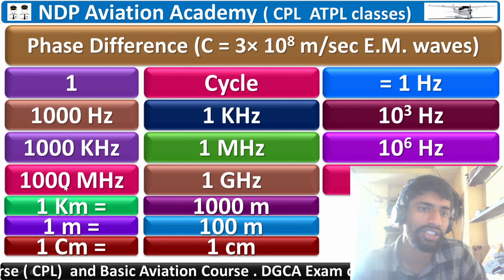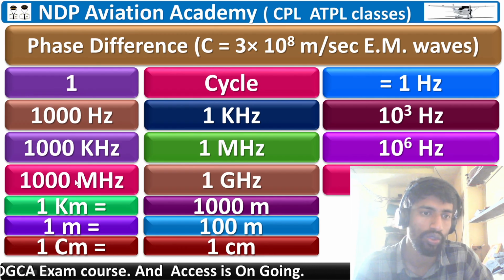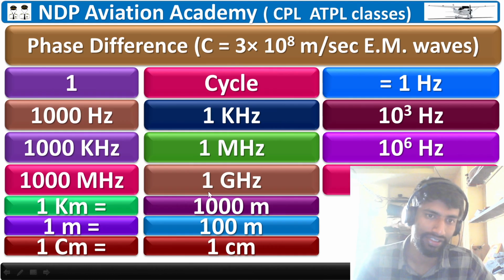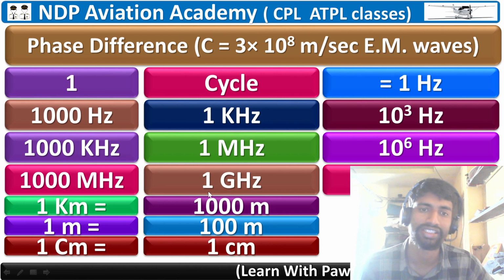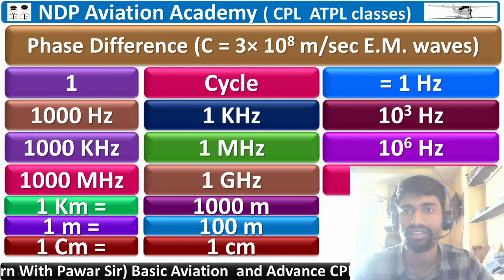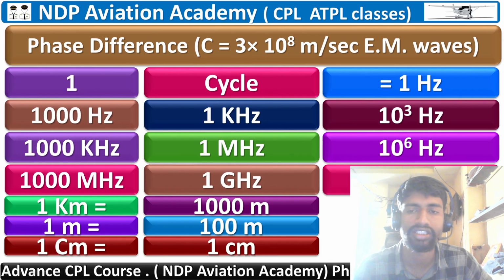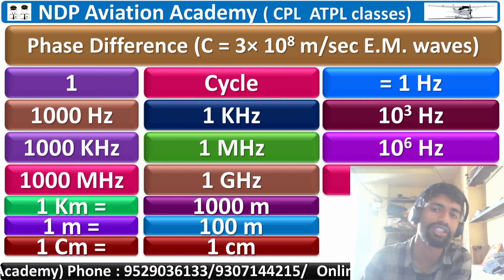Then 1000 megahertz is 1 gigahertz. How would you say it in the equation? 10 to the power 9 hertz.